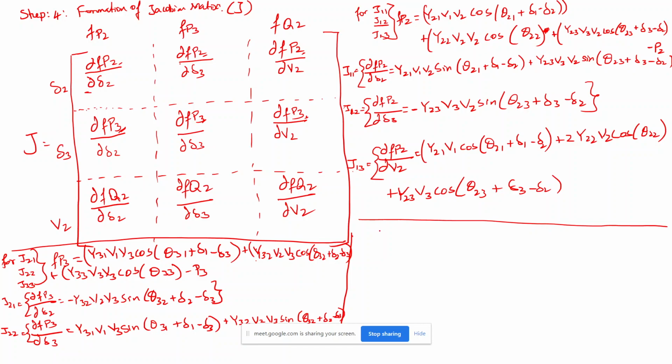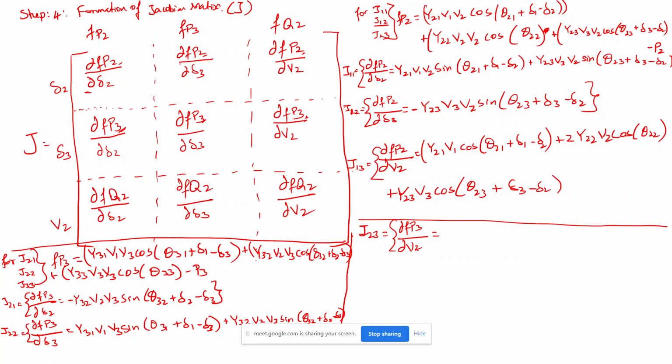And then J23. Sorry, it is not I, it is J23. J23 is equal to what? What is J23? Someone tell me first. Dou FP3 divided by dou V2.